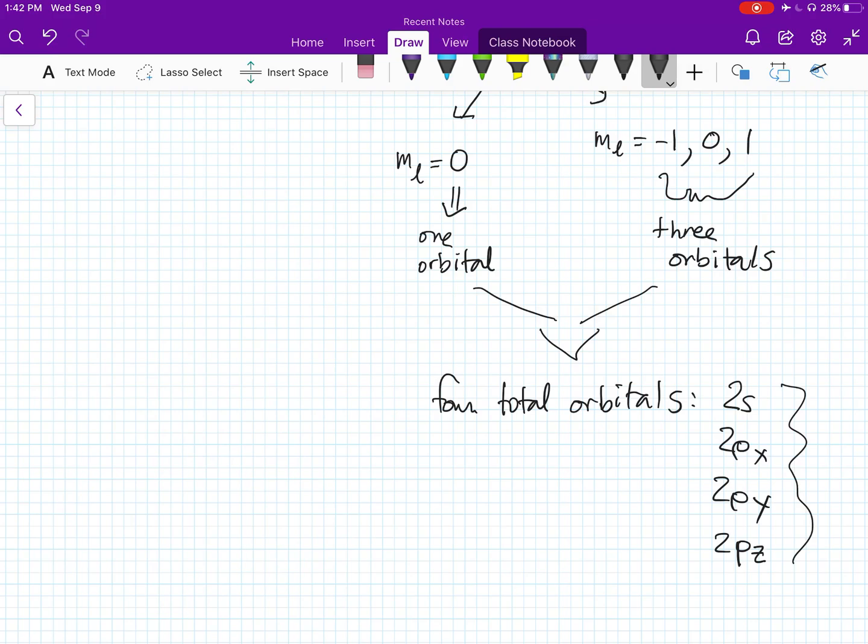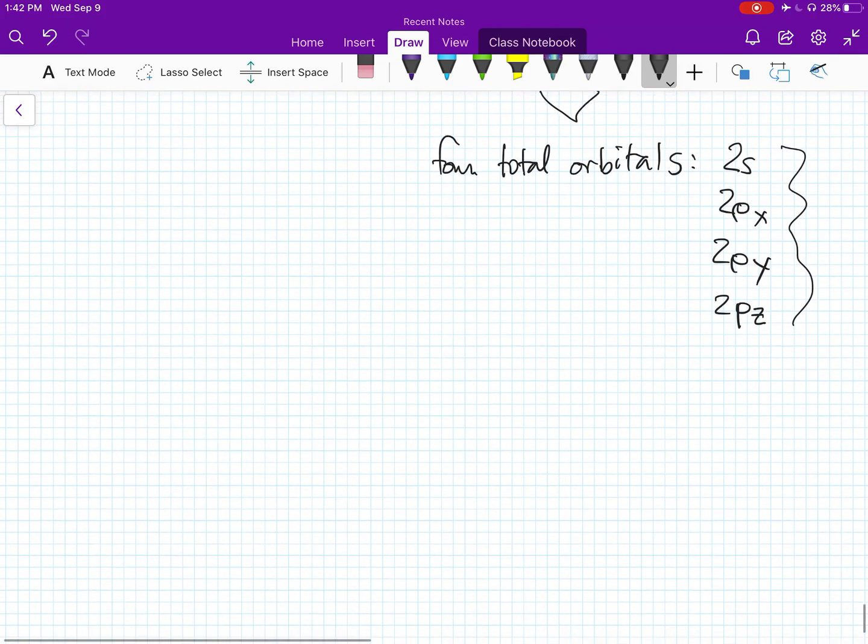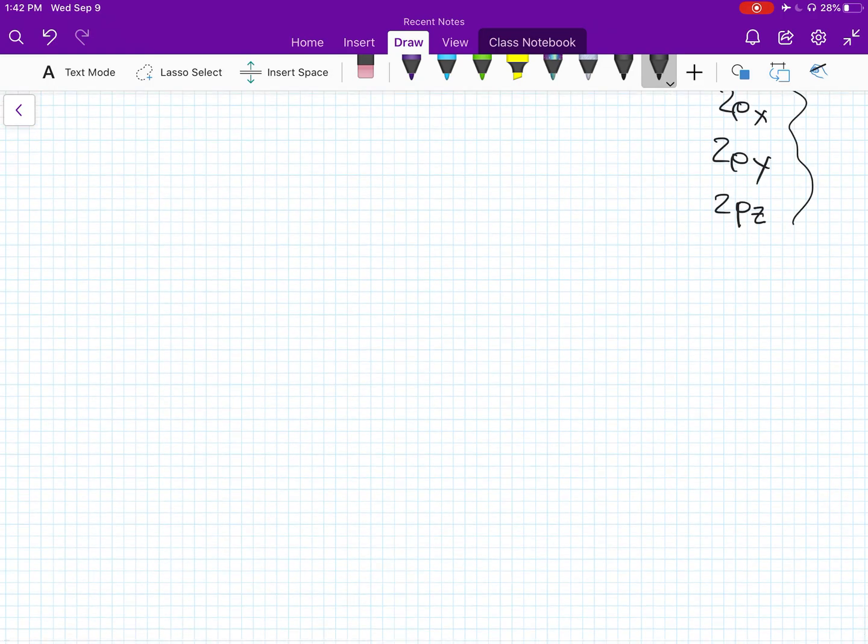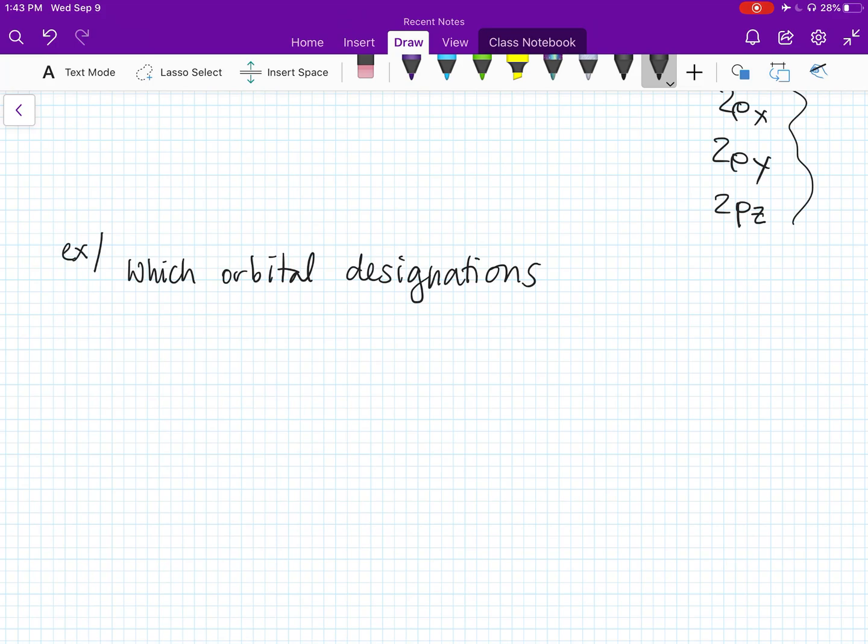All right, let's do one more example problem with quantum numbers. On your homework, you're going to have to do a couple of problems that might relate to this one. Which orbital designations below are impossible? Sometimes you'll see an orbital designation that is quantum mechanically disallowed. This is just an exercise in seeing what is a legitimate orbital and what isn't.